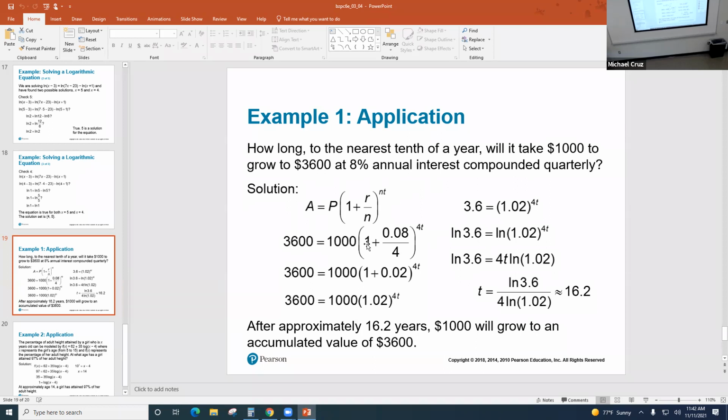The 1, of course, is just 1 plus. And then the rate, 8%. Remember, it's got to be a decimal. That's important. You cannot work mathematically with percents. They're basically for expressing things because people understand percents, whereas generally they don't understand decimals.